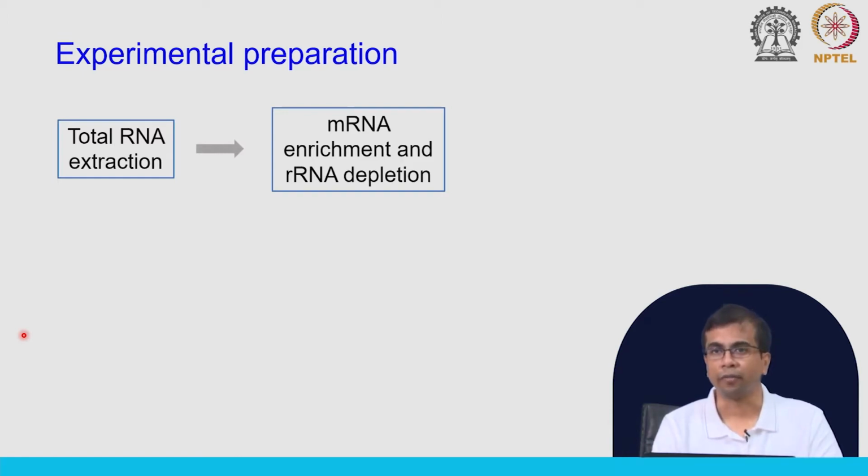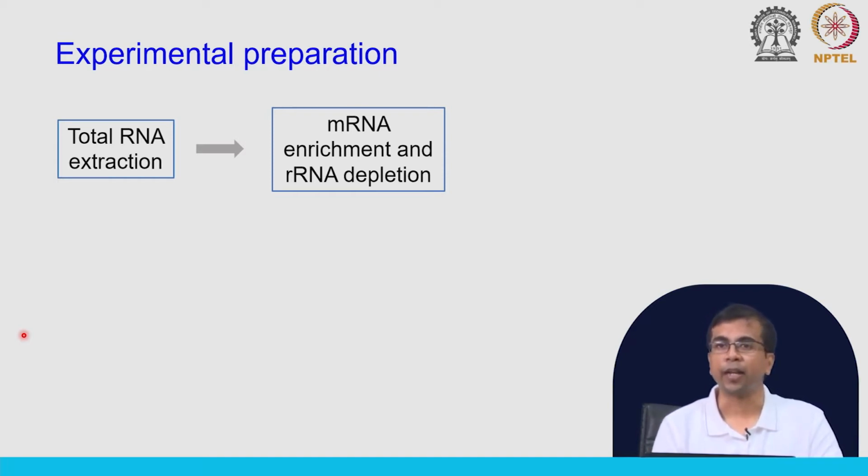So, we want to get rid of other RNAs that are present in the sample, for example, ribosomal RNA, etc. When you isolate total RNA, you will see most of the RNA is ribosomal RNA, right. That is most of the RNA in the cell. So, we want to get rid of that, and we perform a step called ribosomal RNA depletion and mRNA enrichment.